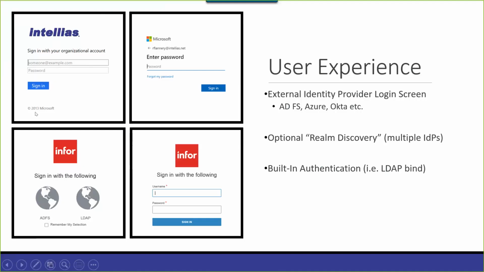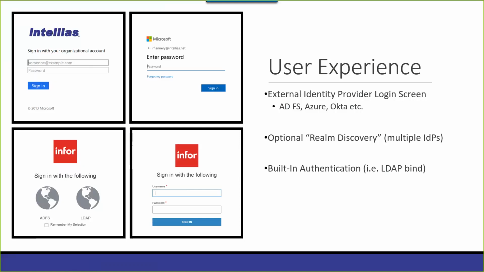Infor STS also supports an optional home realm discovery. So what that would mean, if you look in this bottom left quadrant here, this is an example where I've set up my particular sandbox with two different identity providers. An example like this might be a good use case for someone who has a corporate user base and potentially a field or external user base accessing self-service applications.